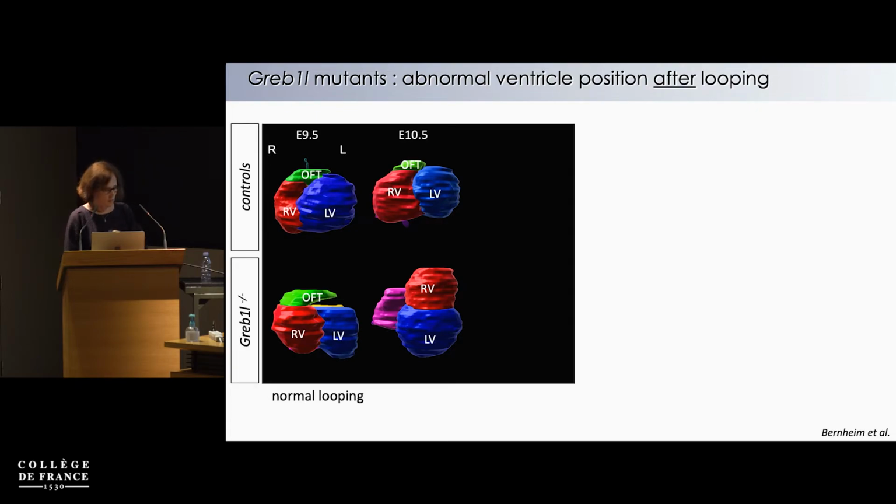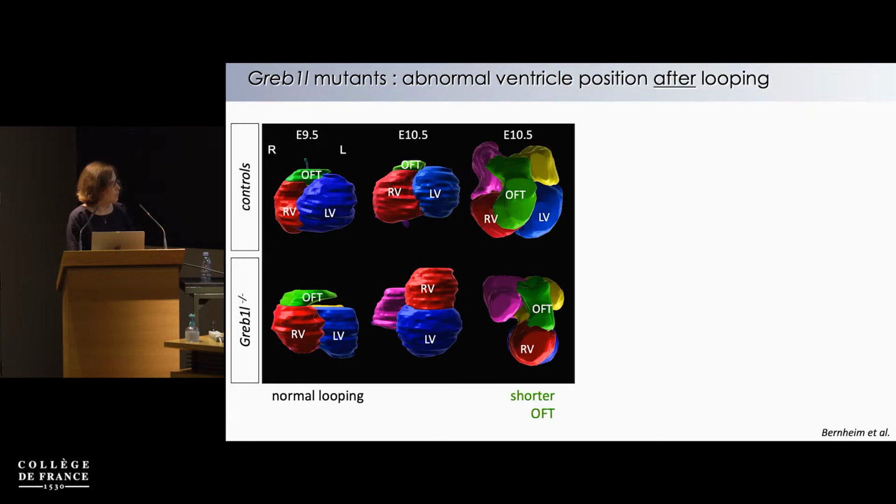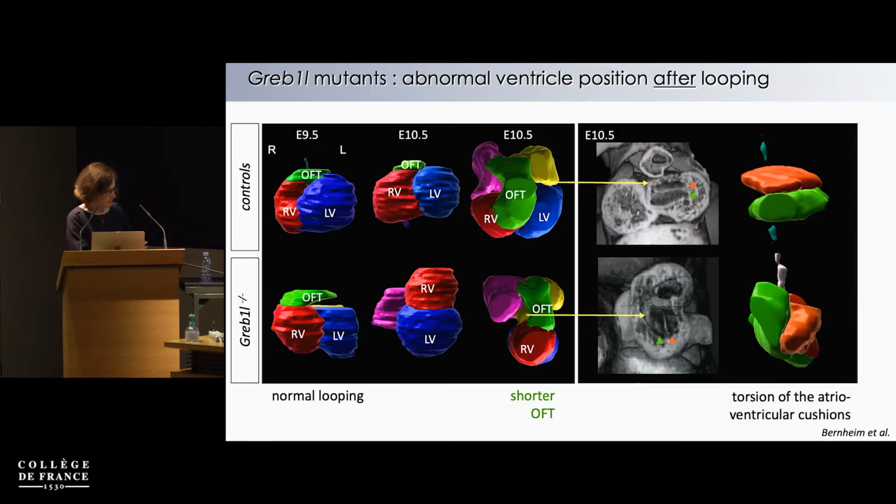And what we could see is that together with this change in the ventricular orientation, we have two other features. One is that the outflow tract is shorter in the mutant compared to the control. And the other observation is that if you take a closer look at the atrioventricular canal, in which normally the valves will form in a structure at this stage which is called the atrioventricular cushion, these cushions are normally parallel to one another.